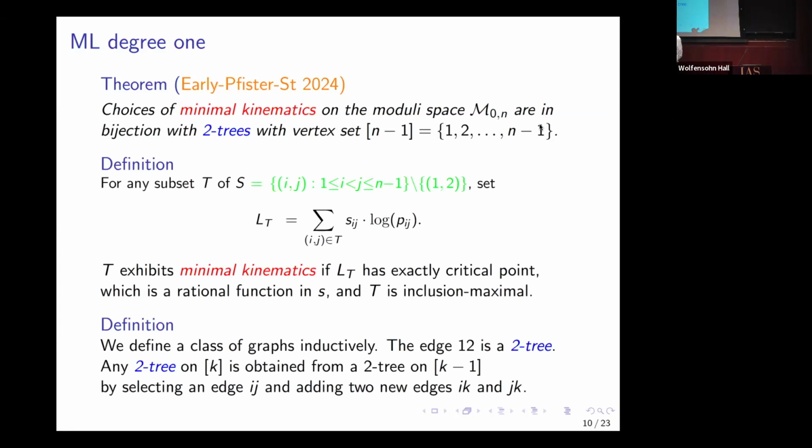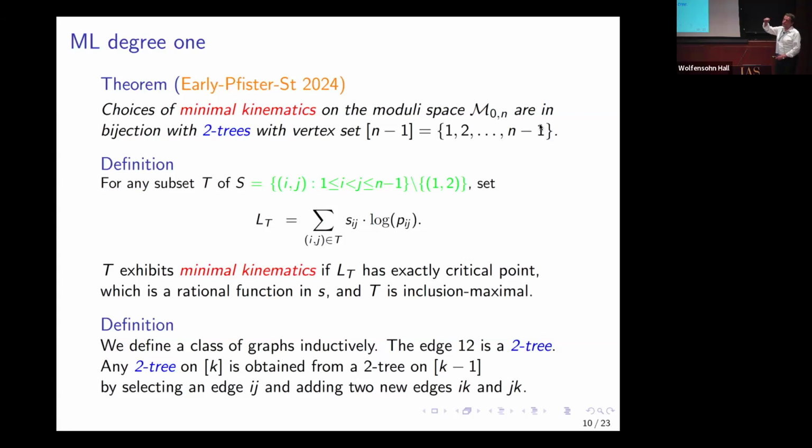So I'm just zeroing out the s_ij that are not in the chosen set T. Then I say that T exhibits minimal kinematics if this new log likelihood function, this new scattering potential, has exactly one critical point, and it is inclusion-maximal with this property.